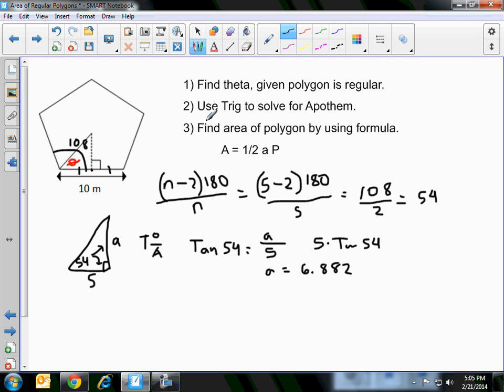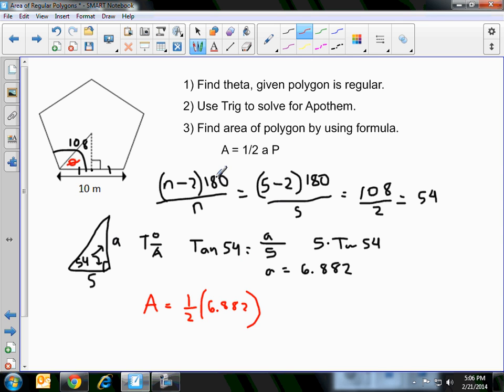All right, so step 2 is done. I found now the apothem. I go on to substituting and find my area. I'm going to change colors here to help me go to the end. So I'm going to substitute in all I know. My a is the number we just solved for, 6.882, and I have my perimeter.